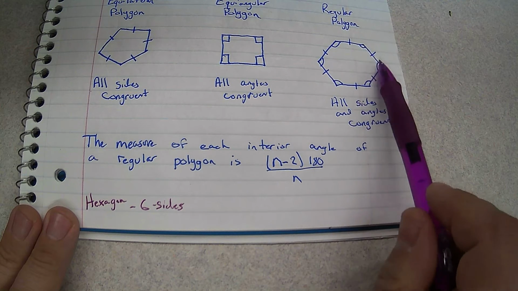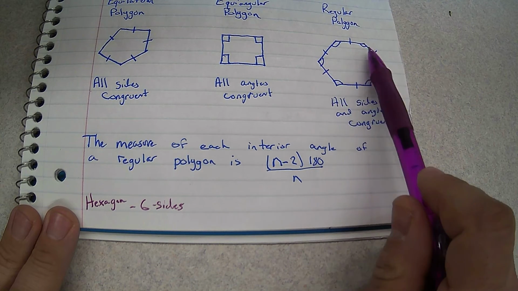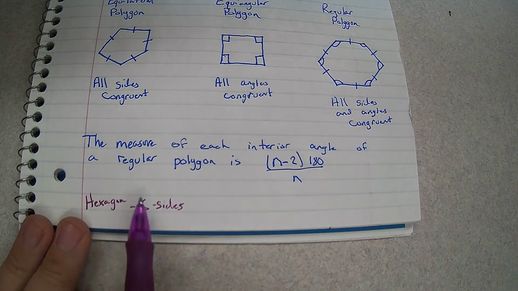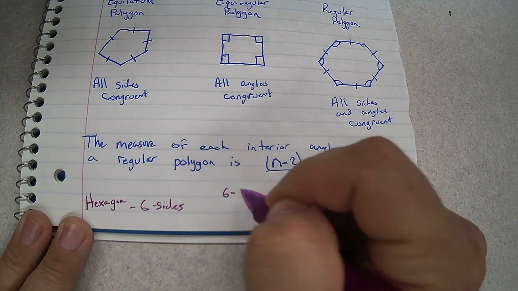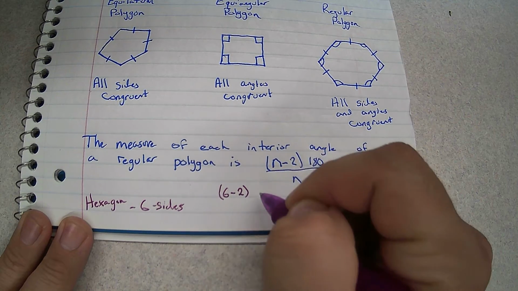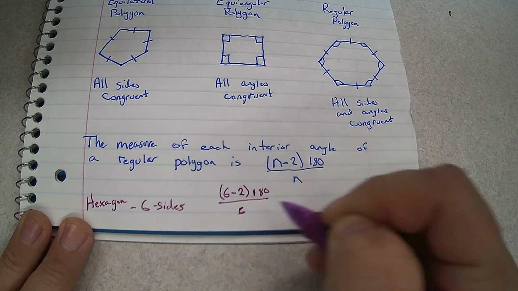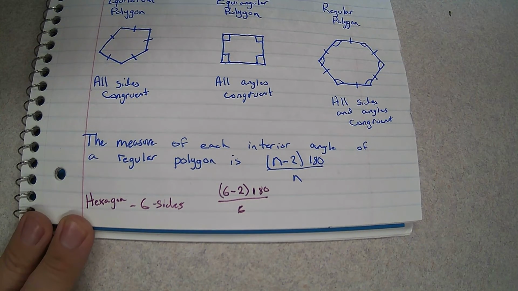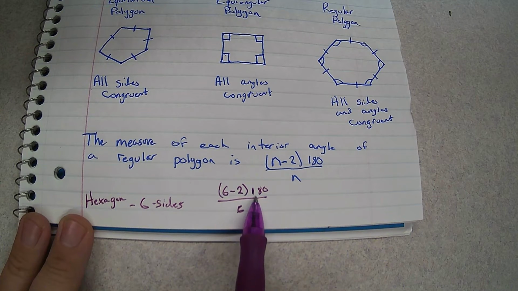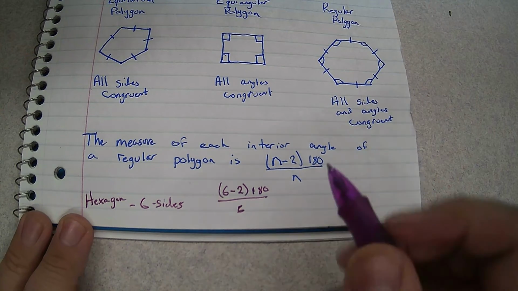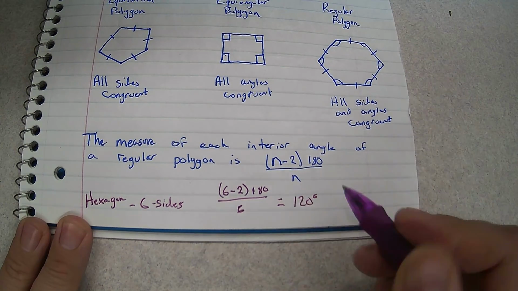If this is regular, meaning all the angles are the same, and I want to find out what that angle would be, I take our 6 sides and plug it into this formula. 6 minus 2 times 180 divided by 6. 6 minus 2 is 4. 4 times 180 divided by 6 is going to be 120 degrees.